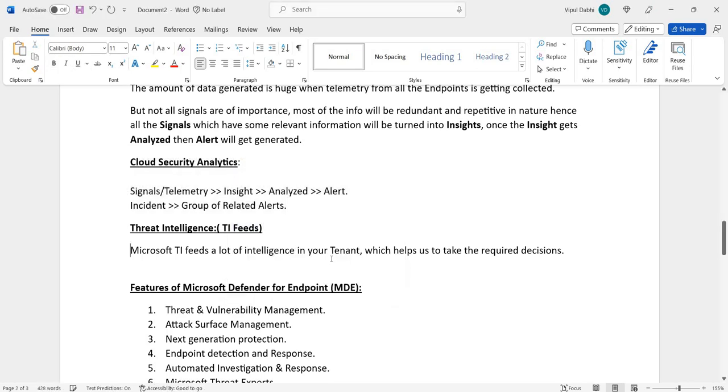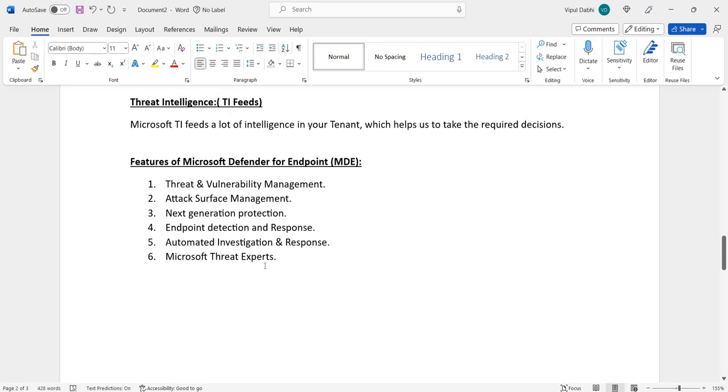It helps us decide whether we are actually on the right line based on the scoring offered by other TI feeds. Microsoft has its own TI feeds, its own threat intelligence team, which keeps feeding these, and you can integrate them with our alerts to understand things better.